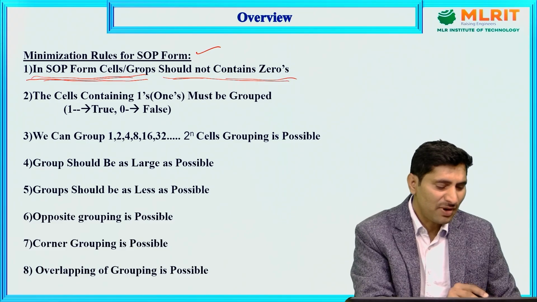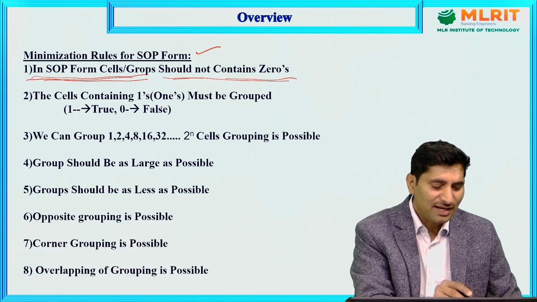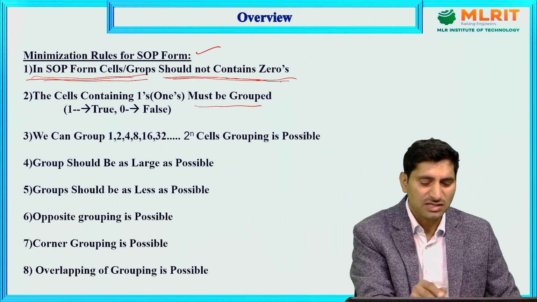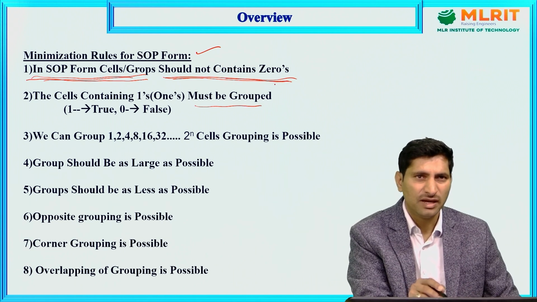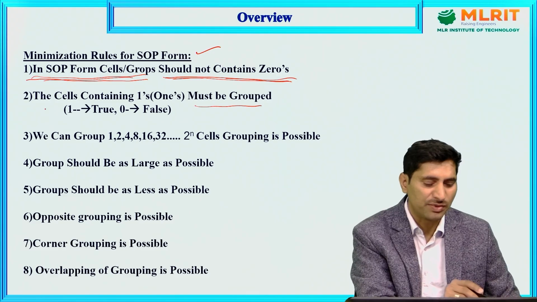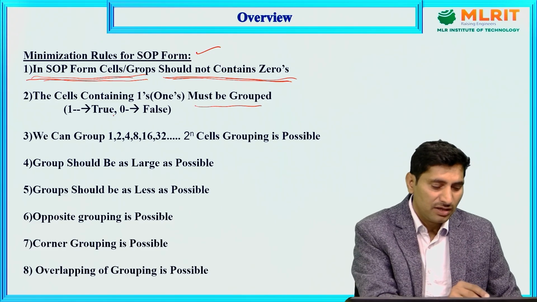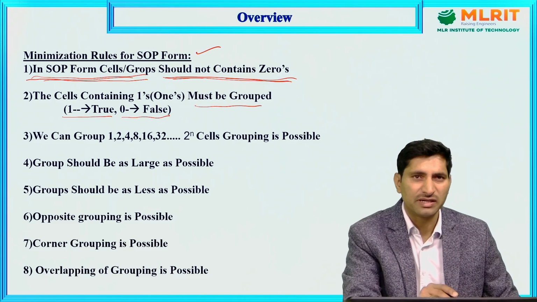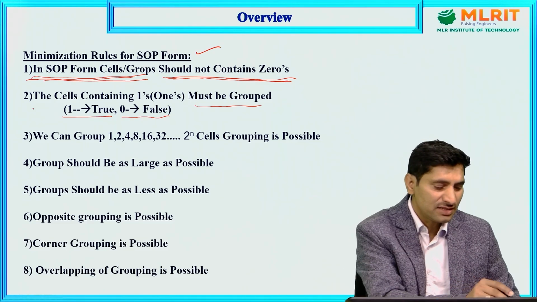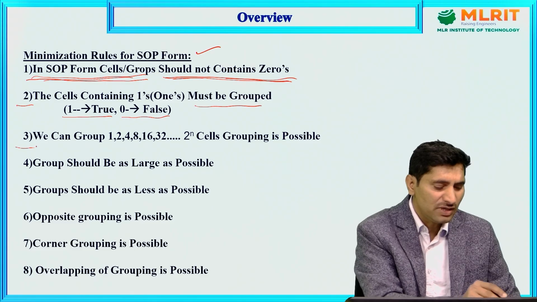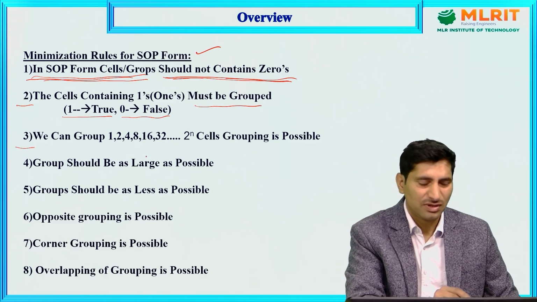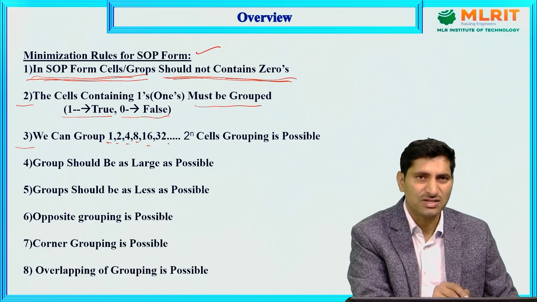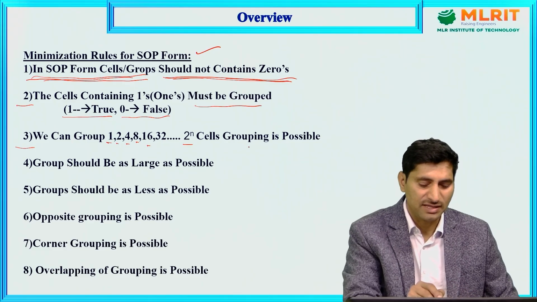Next, the second point is, the cells containing ones must be grouped, because the cells should not contain zeros, which means they should have ones, and those cells can be grouped. In SOP form, 1 means true and 0 means false. This is the second rule. And the third rule is, we can group 1 cell, 2 cells, 4 cells, 8 cells, 16 cells and so on, up to 2 power n cells.